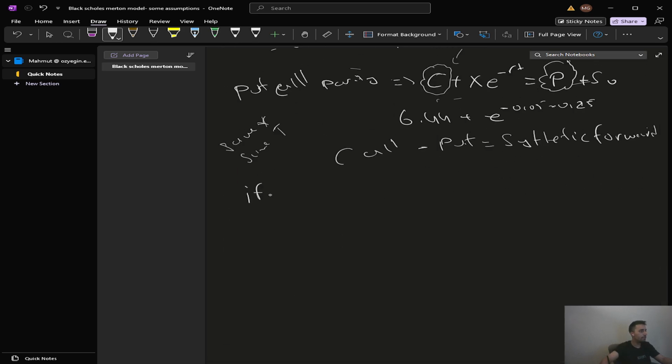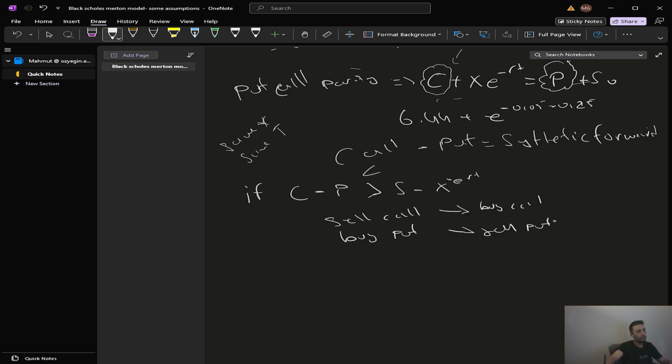If call plus present value of strike minus put is bigger than spot minus strike, then sell the call and buy the put, or reverse, buy the call and sell the put. This is arbitrage with options.